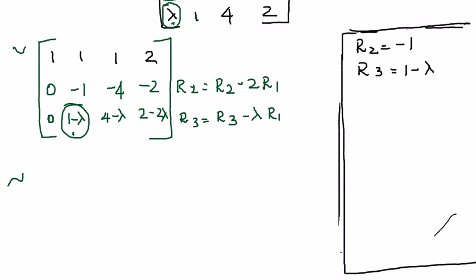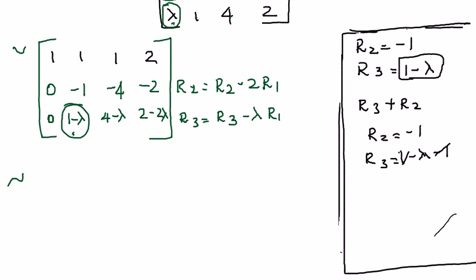Typically I should first do R3 plus R2 to get rid of this 1. So my R2 will become minus 1 and R3 will become 1 minus lambda minus 1. This gets cancelled, and eventually we get minus lambda. Now R2 will be minus 1 and R3 will become minus lambda.